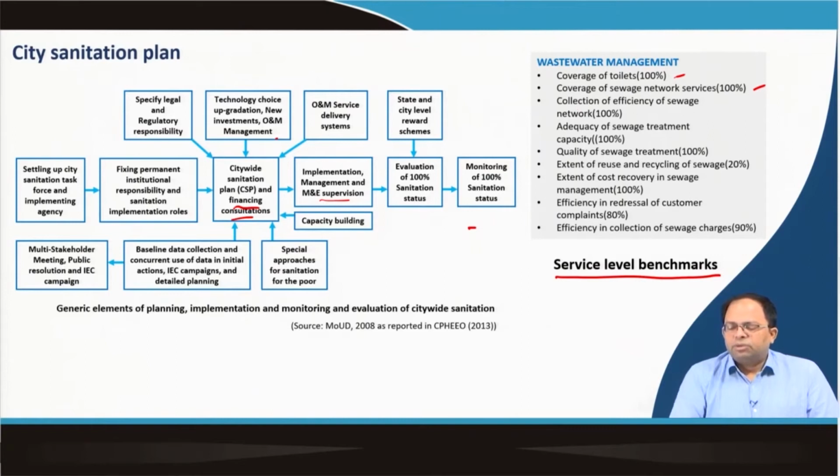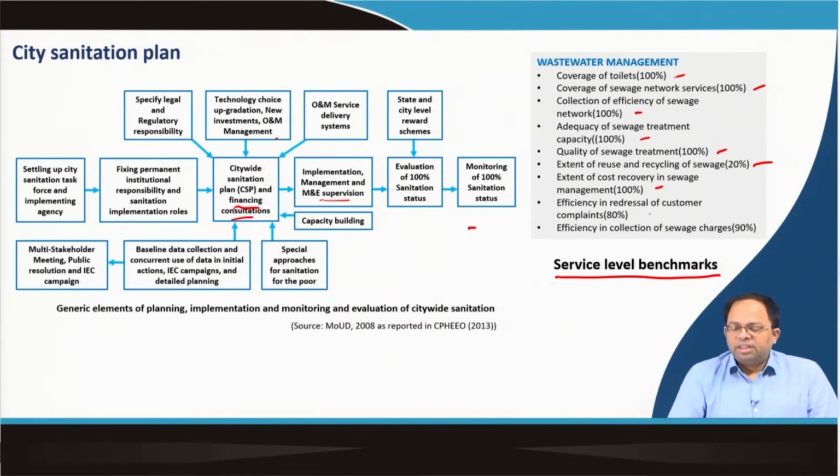Collection efficiency of sewage network 100%, adequacy of sewage treatment capacity 100%, everything should be treated, quality of sewage treatment 100%, extent of reuse and recycling 20%, extent of cost recovery in sewage management 100%. So, we need to recover cost, we need to set up user charges so that we can recover cost.